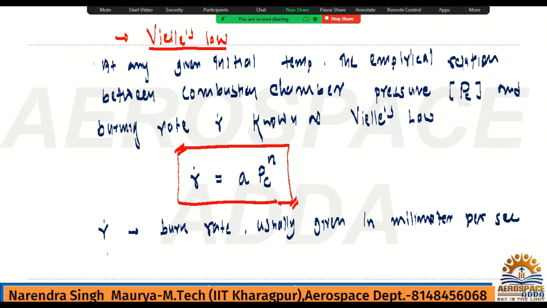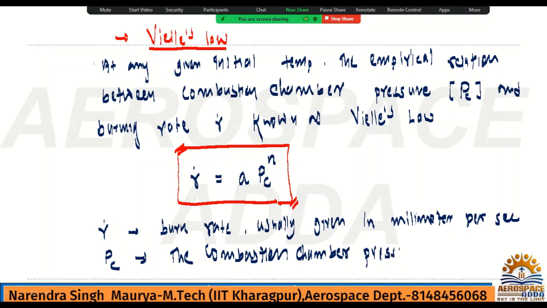Similarly, we have PC. You know it is the combustion chamber pressure, but that unit is also very important. If you use this formula, the combustion chamber pressure will be given in megapascal, okay? Remember this.